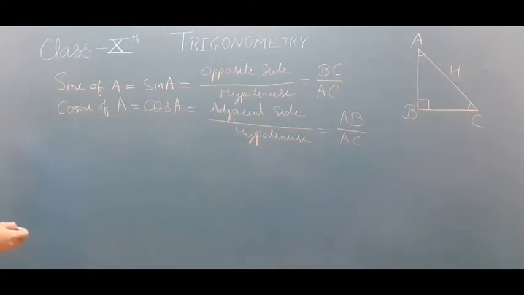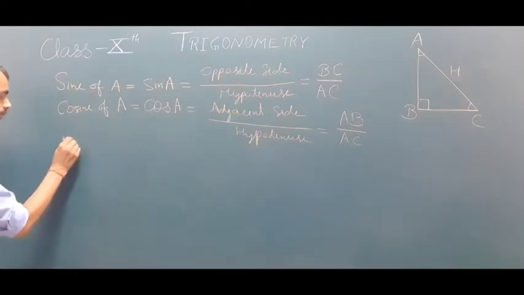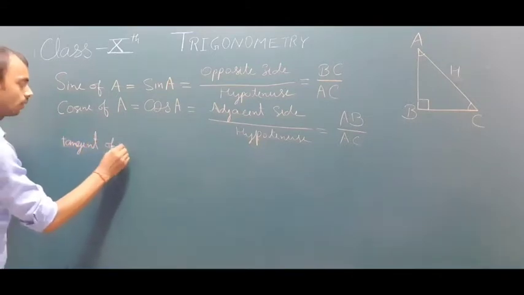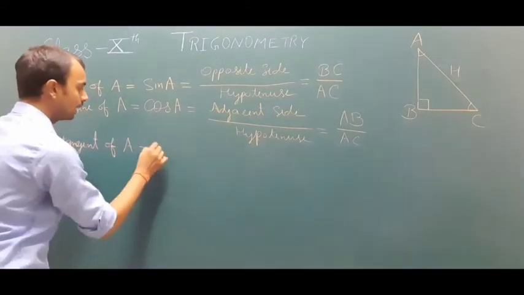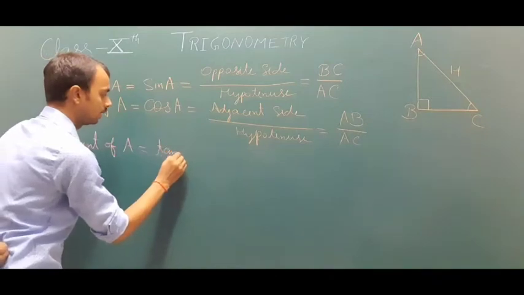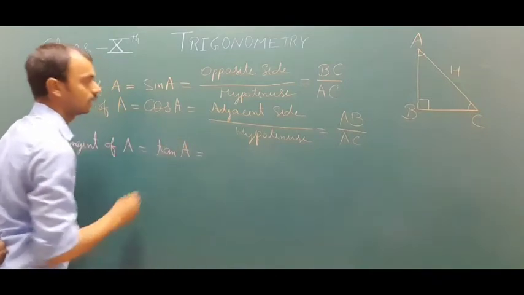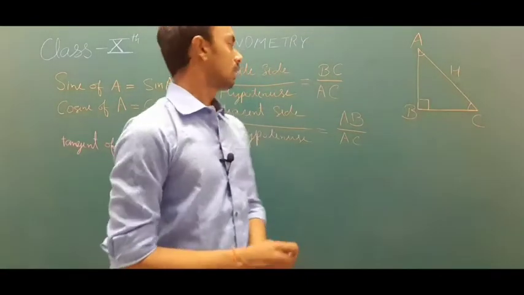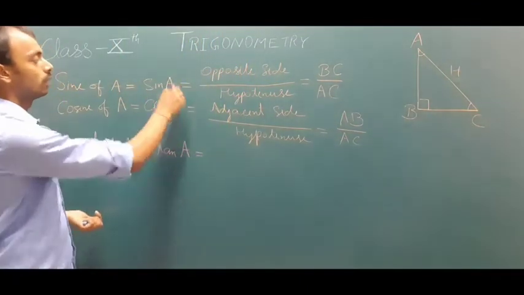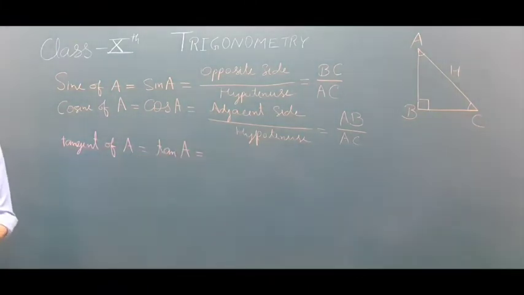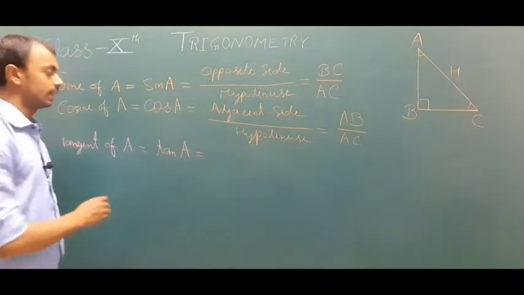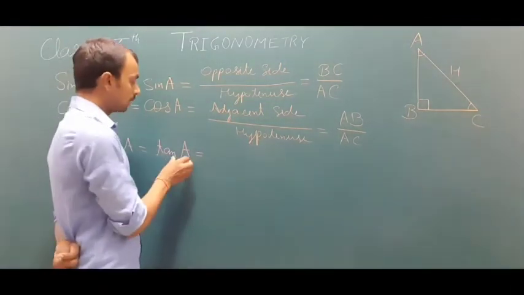Now come to the third ratio, that is tangent. Tangent of A can be written as tan A. Okay, if I give any angle over here like theta, then tan A will become tan theta. But we are taking A now, so we will discuss it with A. So what will be the tan A?